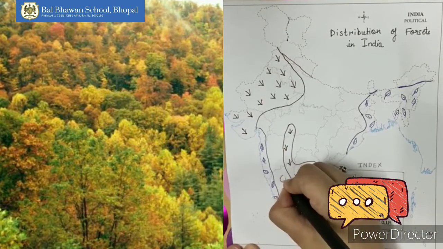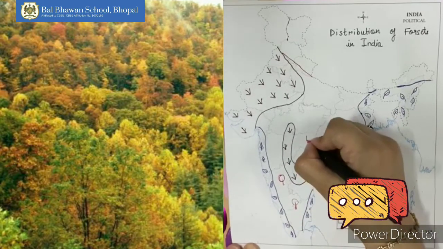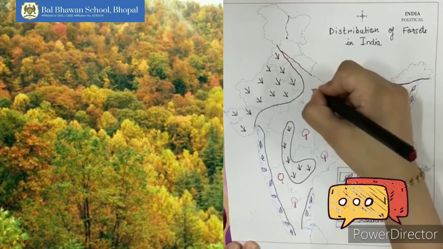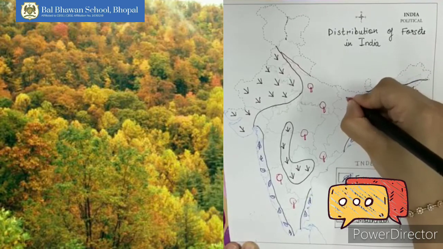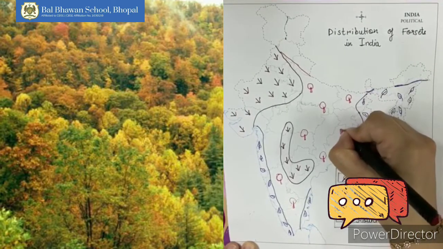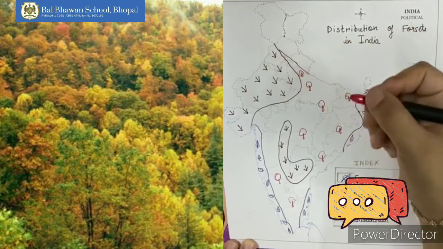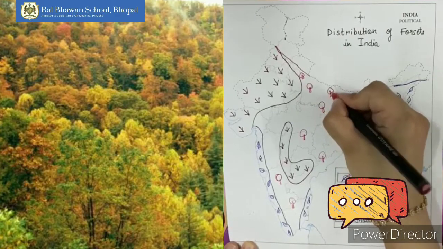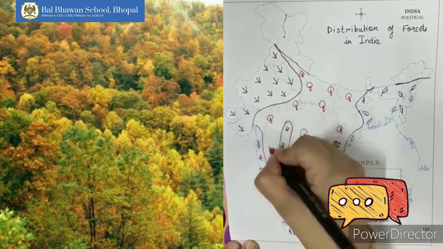We can see that almost all the major states of our country have these forests. These forests shed their leaves each year. That is, in the dry season, the leaves of these forests are shed, and as such they are called the monsoon forests. These forests are very dense and are very important for our ecosystem.